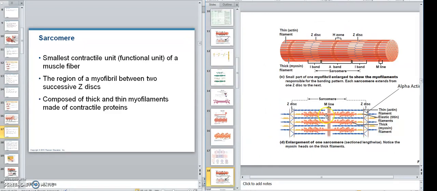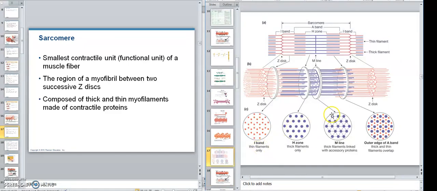So 2 things are keeping it from falling on top of the actin. One is titin, which you see here, and the other is the M-line. It's locked here, so this can't fall. So therefore, what this drawing is showing is that locking of the myosin so it cannot fall.